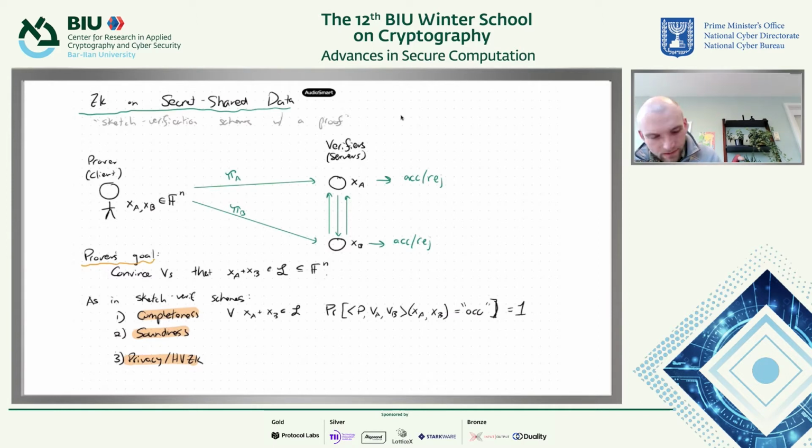And soundness is similar to the usual notion of soundness: for all XA and XB whose sum is not in the language, and for all malicious provers, the probability that these honest verifiers will accept should be something small. You can think of this as, say, 1 over the size of the field, something like that.